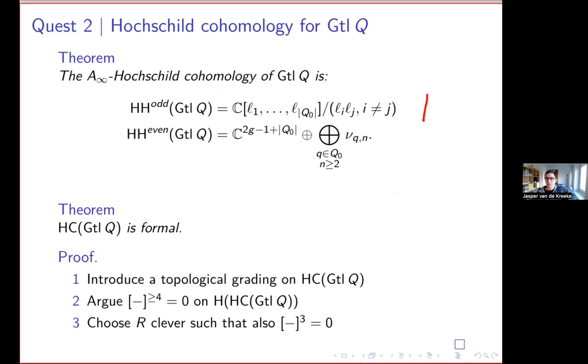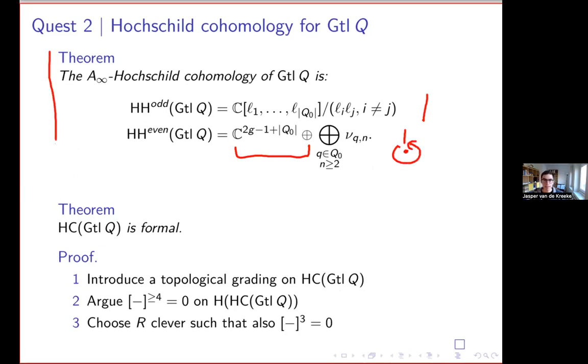And you can also classify the entire even Hochschild cohomology, right? And you get a bunch of stuff, plus also something which depends on punctures and the number of turns around them.